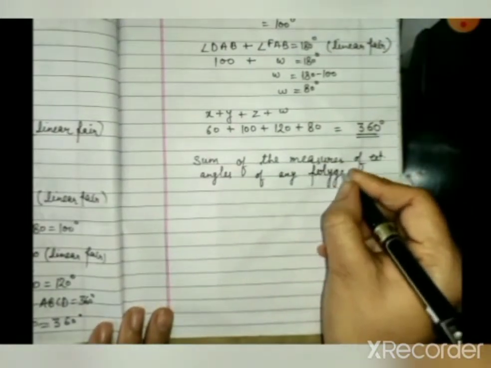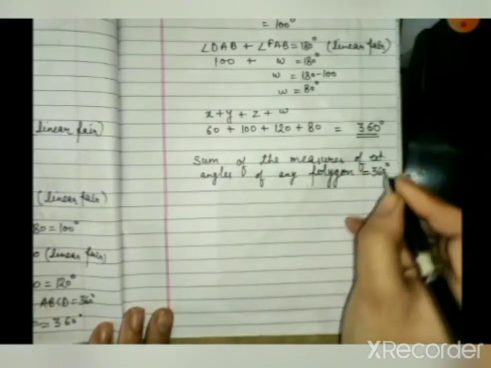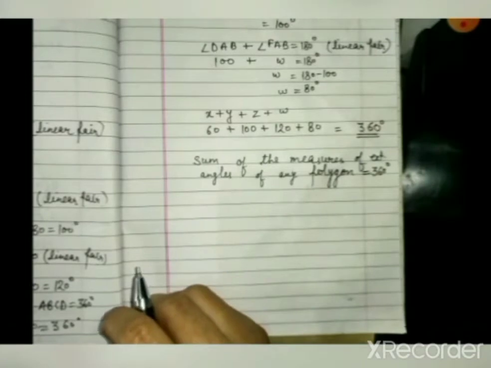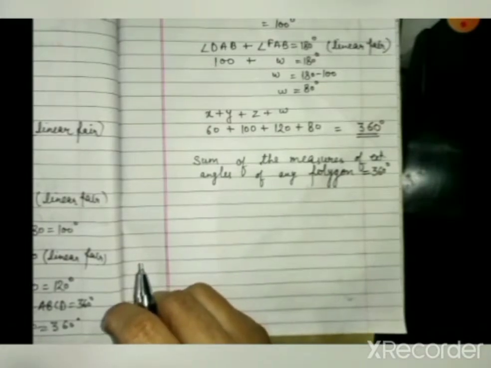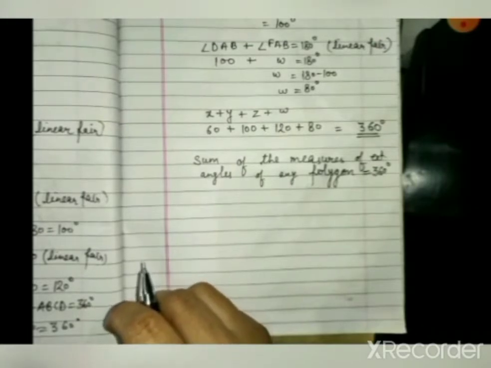If we want to find the sum of exterior angles, that is equal to 360. It is written in your NCERT books on page number 43 that the sum of measures of external angles of any polygon is 360. We will use it and we will solve it.